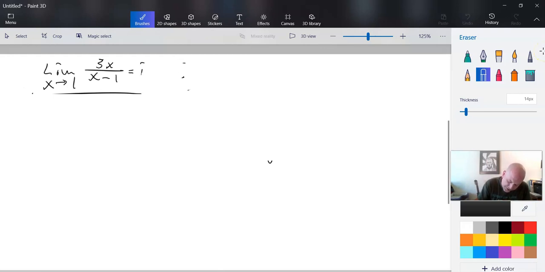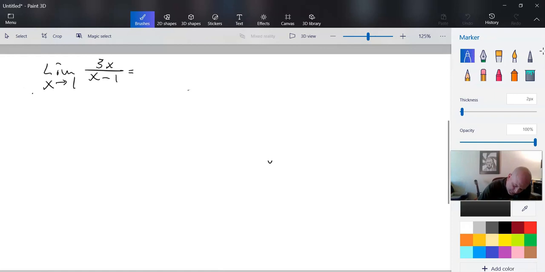Okay, so we are going to change this function now and reevaluate it. And I'm only going to change it in a small way. I'm going to take this denominator. Actually, I think I should rewrite it, otherwise it's going to get too cluttered. Okay, so it's 3x over x minus 1 squared.